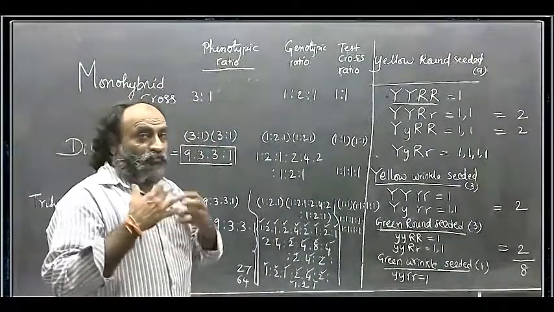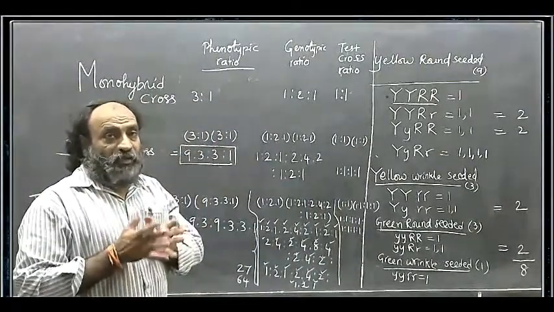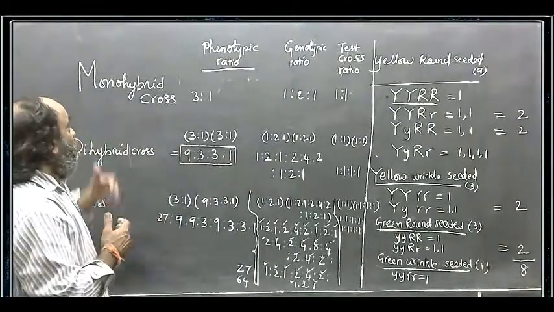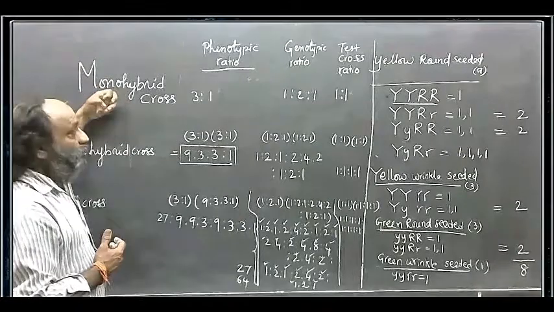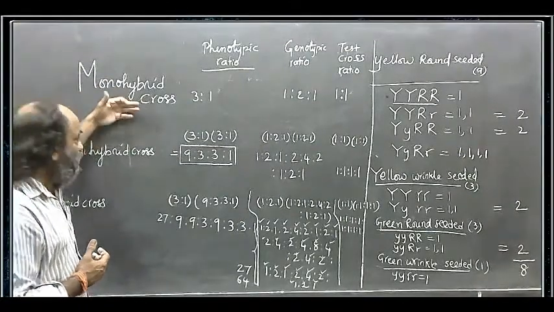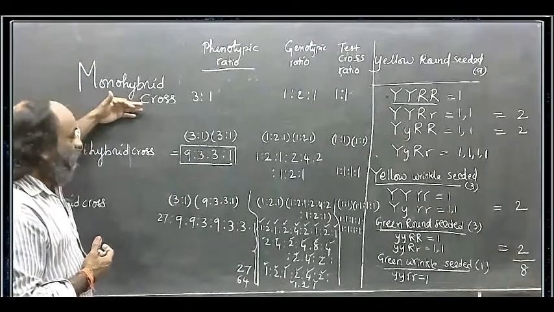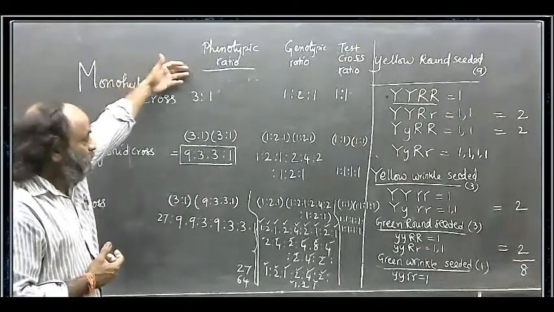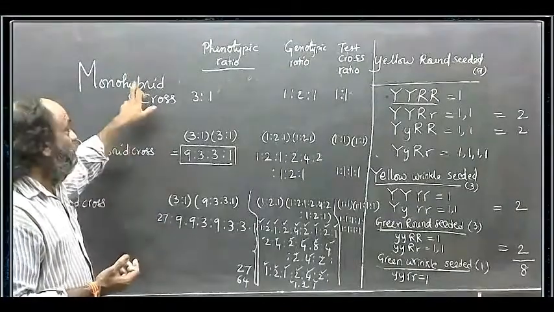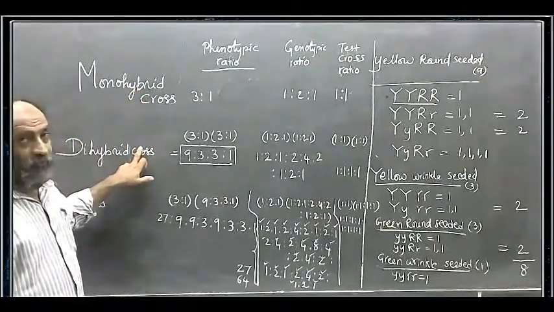So, once you understand the basic concept of how to express the ratios, you can easily work out the phenotypic ratio for a trihybrid cross based on the ratios of monohybrid and dihybrid crosses.